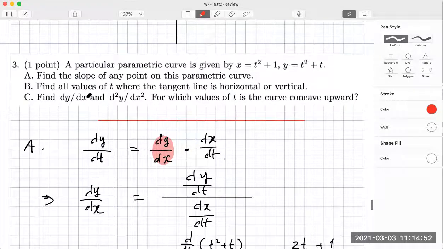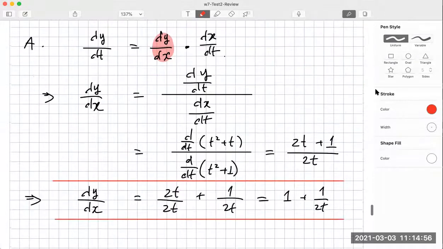B, find all values of t where the tangent line is horizontal or vertical.